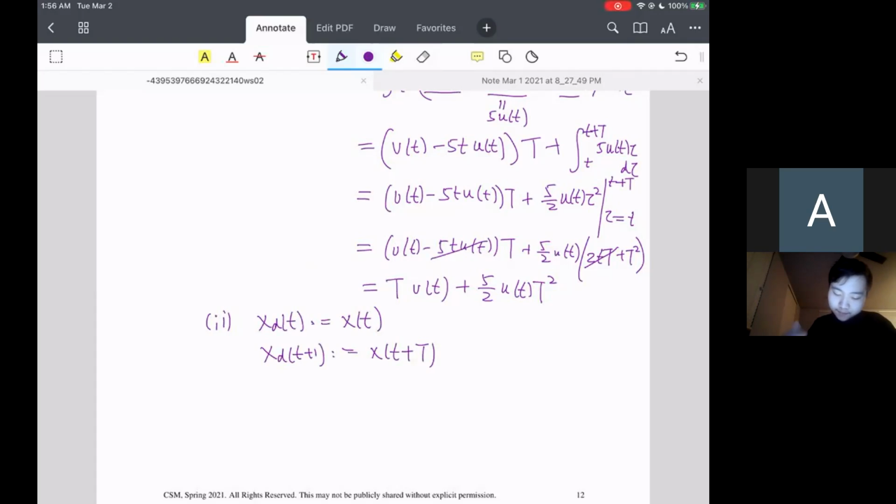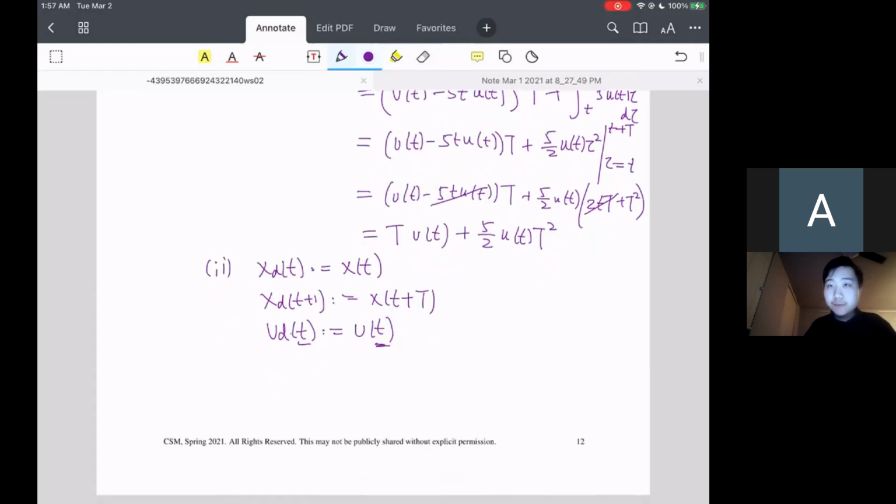We say vd of t is equal to v of t. The t on the left is a discrete time step, but the t on the right is continuous time. The same logic goes for ud of t, but since there isn't a coefficient around ud of t, we can't really just set it to be u of t. It doesn't make any sense.